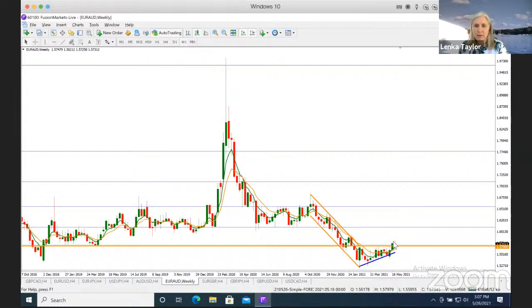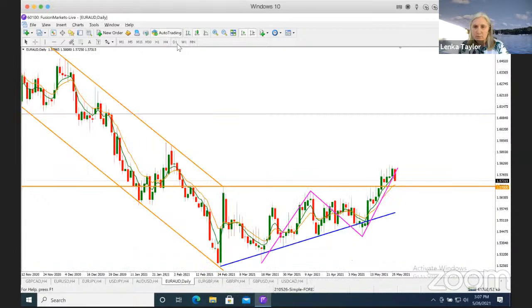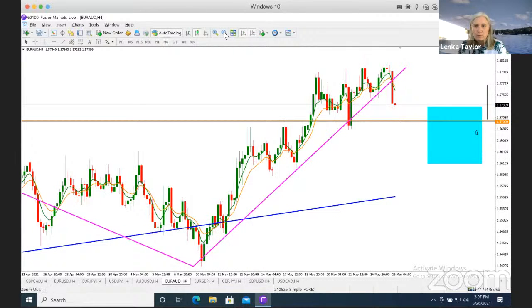If we get another close above that 1.57 level, that's what I'm looking for. And here we've had the high, a higher low, and if we reverse, that might be a higher high. So looking for a pullback.